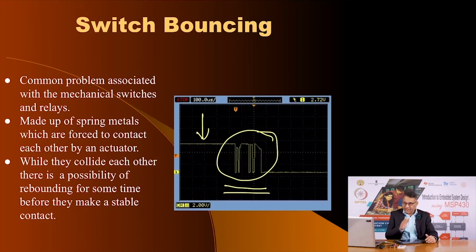The idea is to convey that switches do bounce. As mentioned here, the bouncing is because of the mechanical nature of the switch, a spring, which would have fluctuations, and that is why you get bounce.